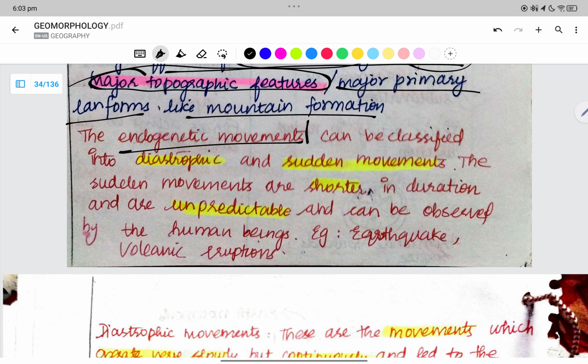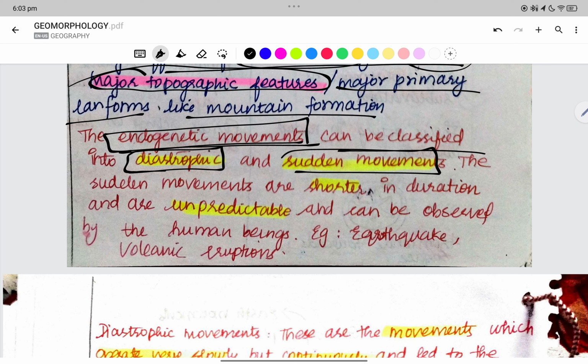The endogenetic movements can be classified into diastrophic and sudden movements. The sudden movements are shorter in duration, unpredictable, and can be observed by human beings.